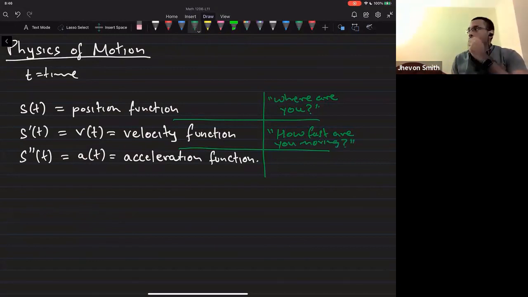But you can also ask another question. You can go higher, get even more meta. You can ask, what's your speed? And they can tell you, this is my speed. That's how fast your position is changing. How fast is your speed changing? That's like asking, are you speeding up or slowing down? Is your current speed making a positive change or a negative change?